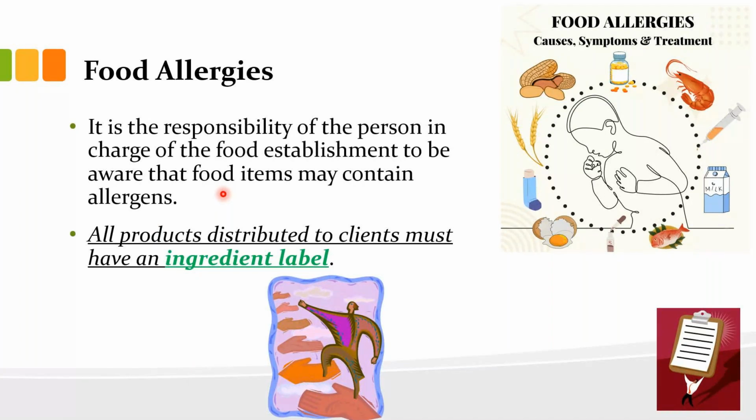So we must have an ingredient label on the product so that these sensitive persons can avoid consuming these products. That's why all products distributed to clients must have an ingredient label.